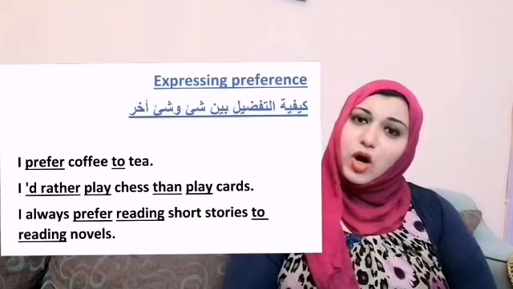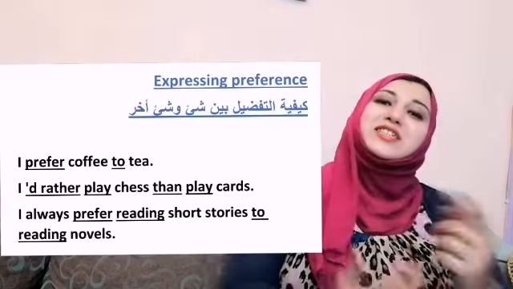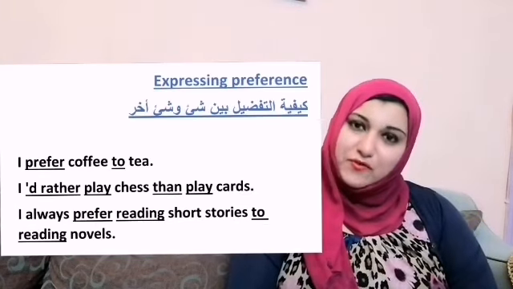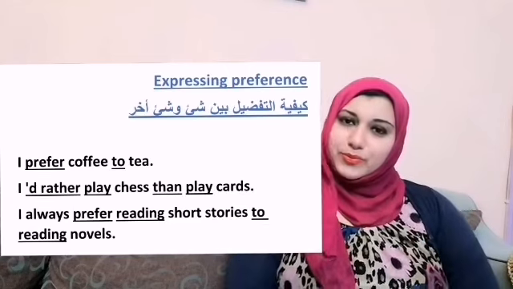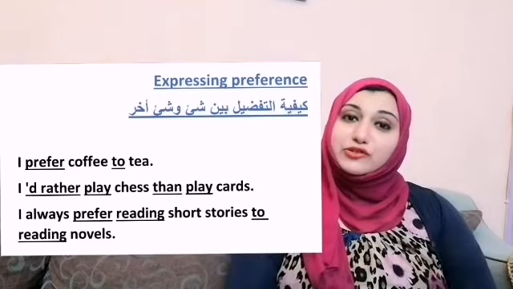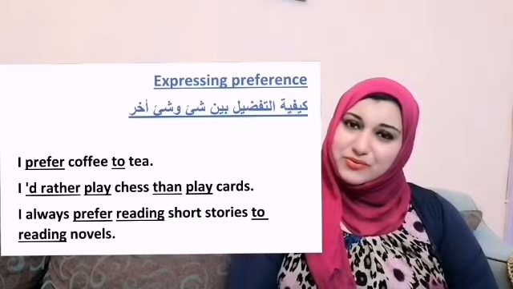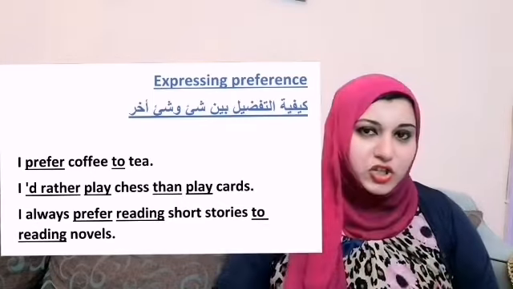بفضل الشاي على القهوة. Or the opposite, I prefer coffee to tea. Another form for expressing preference: I'd rather, أنا أفضل. After I'd rather, we use the verb in the bare infinitive, without any additions, without to, without ing.